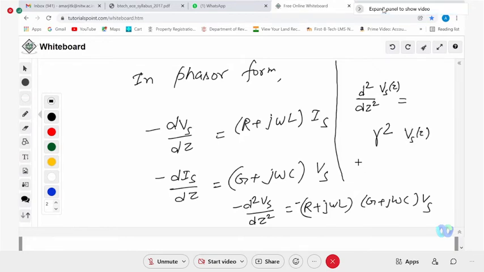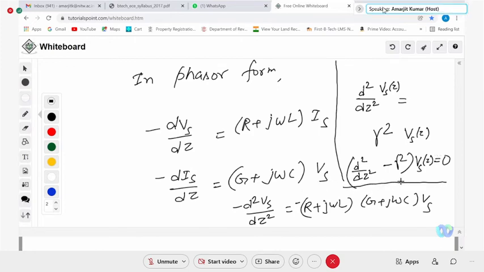So how to solve this? d square upon dz square minus gamma square V_s(z) equal to 0. This is a second order ODE, ordinary differential equation.